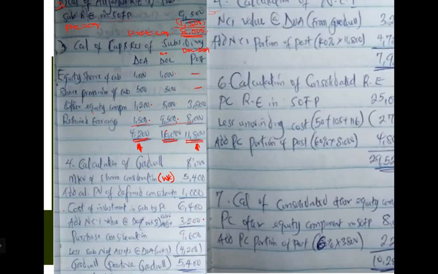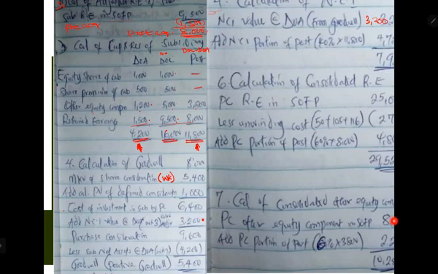Okay. For the calculation of NCI, we have our NCI value at DOA. NCI value at DOA is 3,200. This one that you calculate. Then what is the post-acquisition?